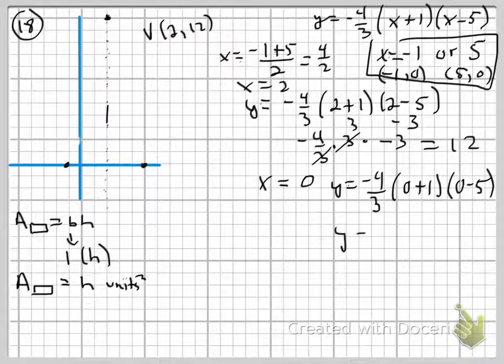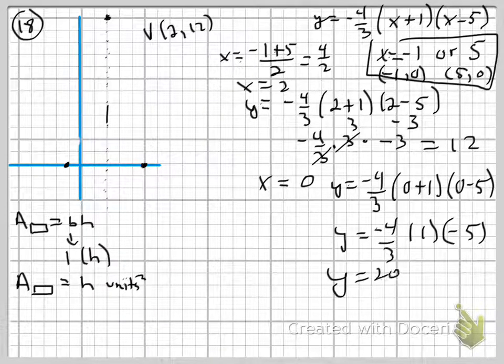So that's y equals -4/3 times 1 times -5. Well, that's y equals 20/3, which is approximately 6 2/3. 3 times 7 would be 21 exactly, but it's 1/3 too low, so 6 2/3 when x is 0.